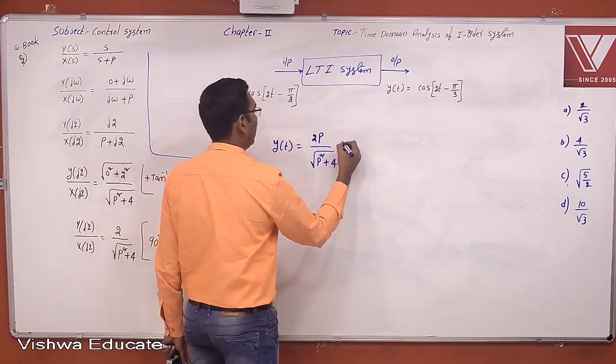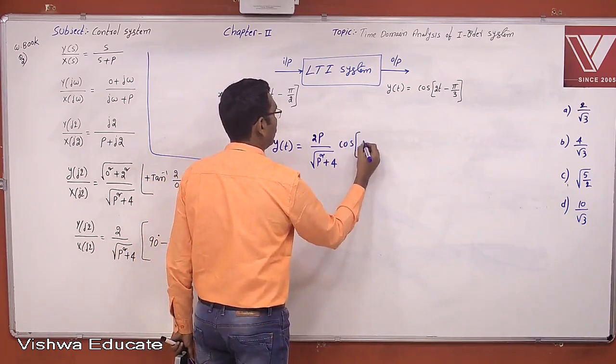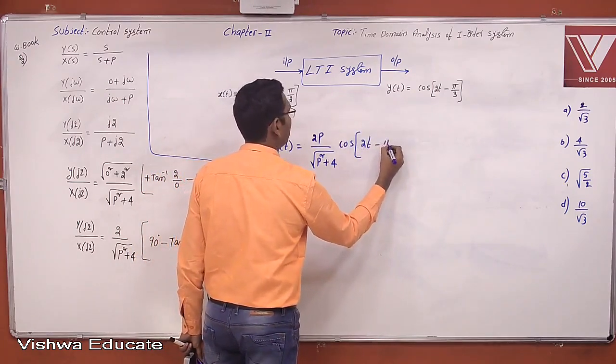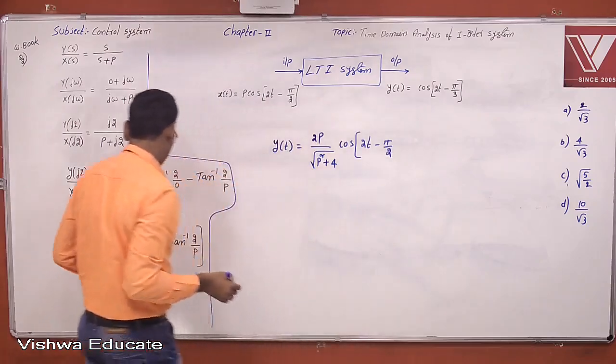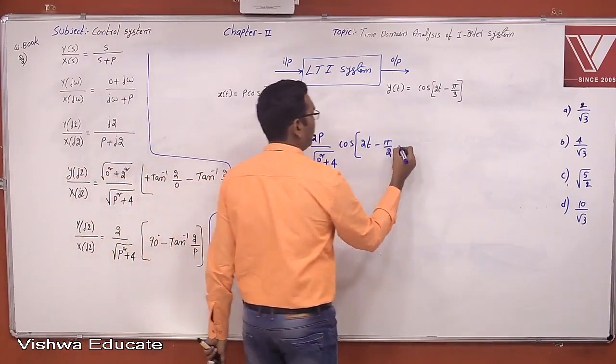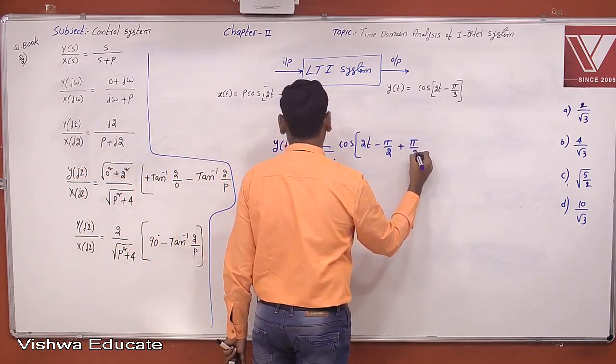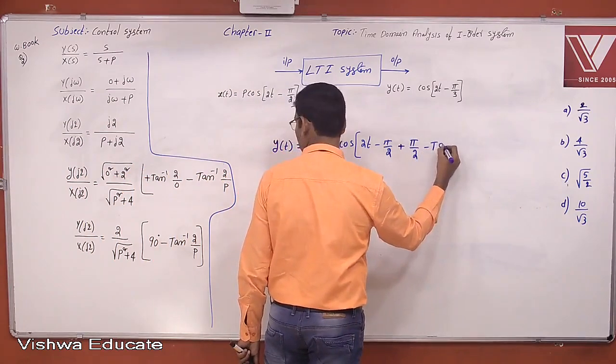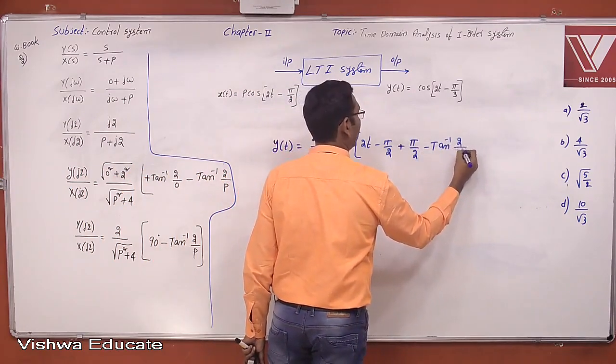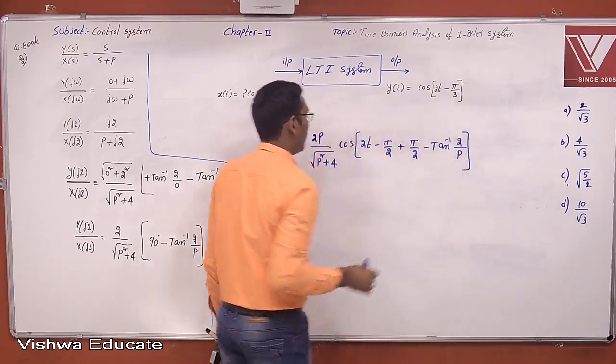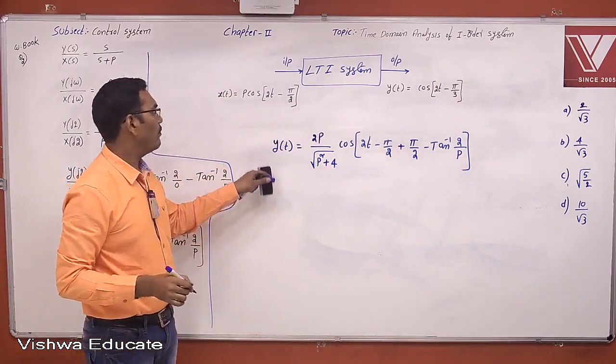Now the phase angle: cos of 2t minus pi by 2, plus 90 degrees, which is pi by 2 in radians, minus tan inverse 2 by p. Now the students, this is the output for a sinusoidal input.